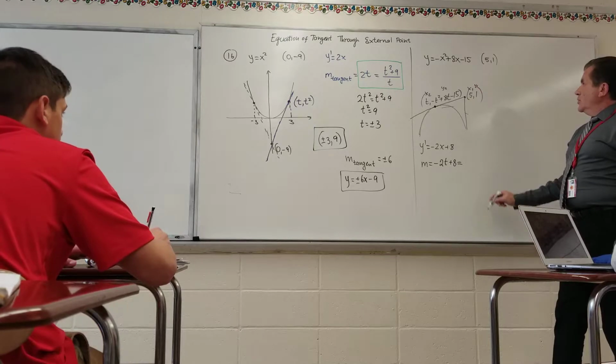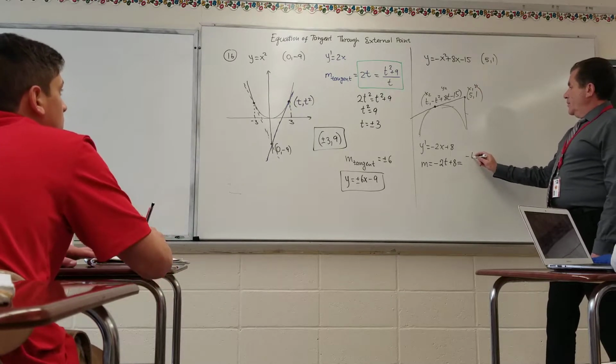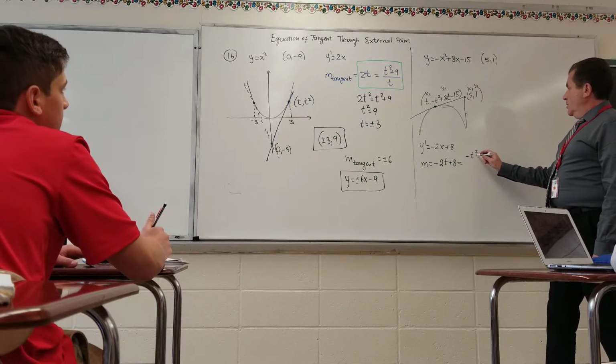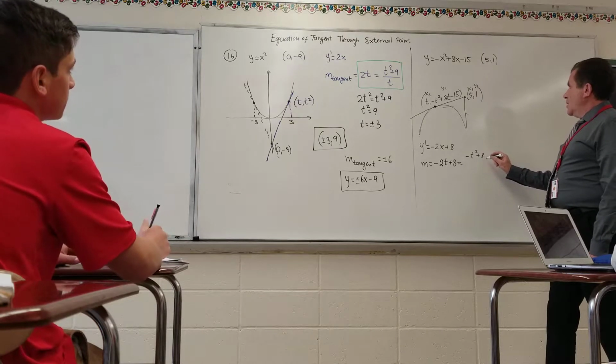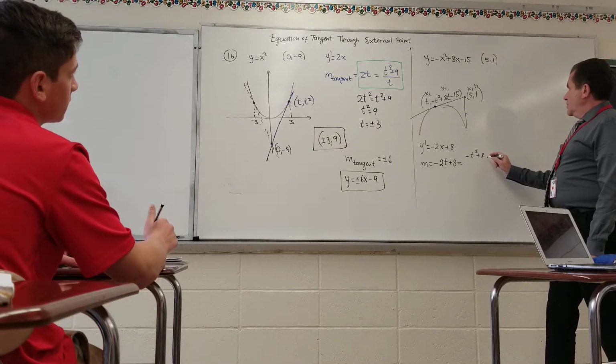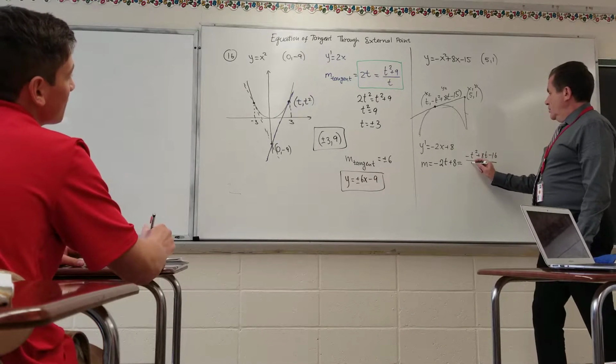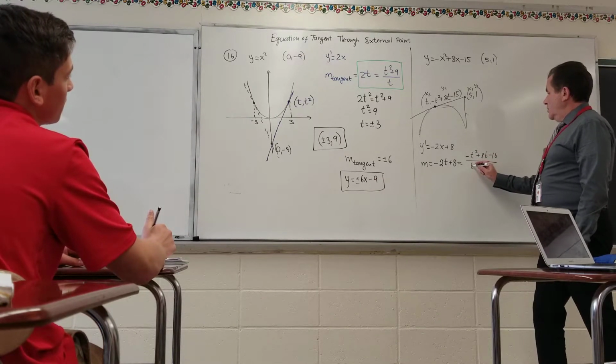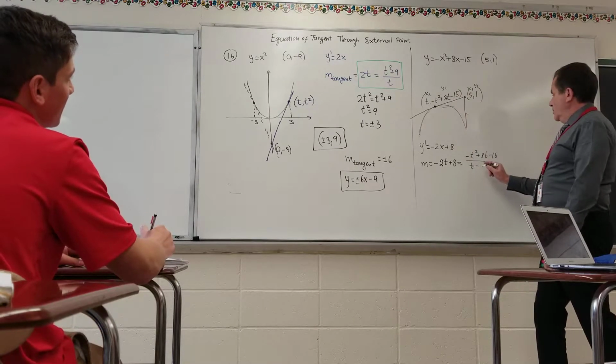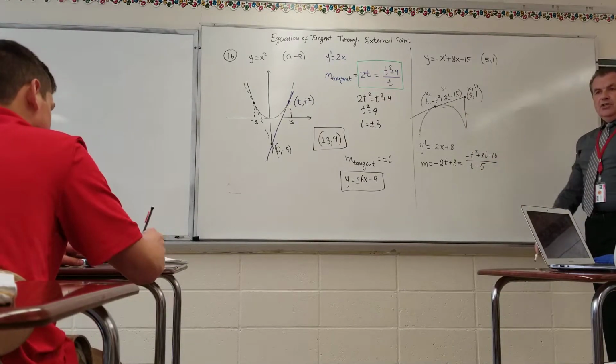So what do we get then? Negative t squared plus 8t minus 16, over 5 minus t. Don't forget we're making this way, right? This is your equation.